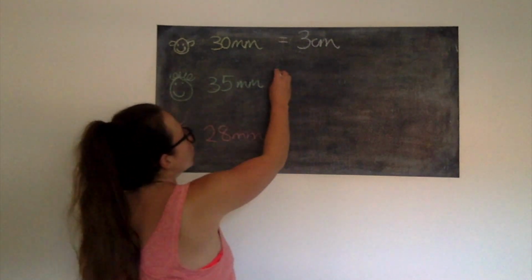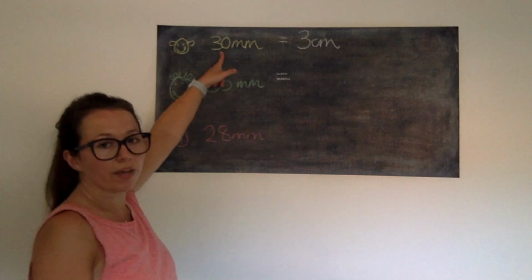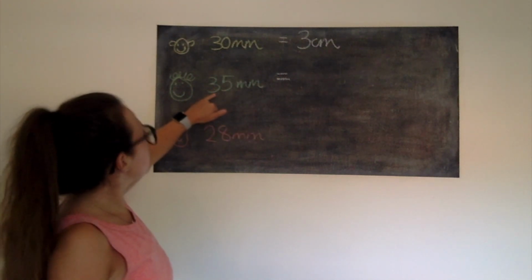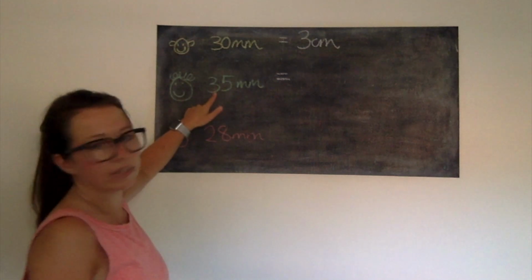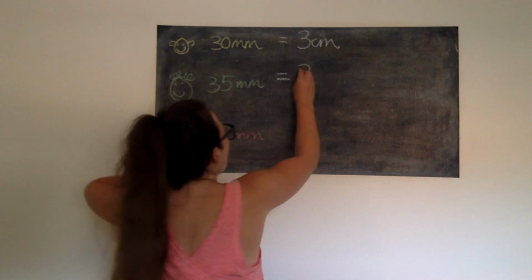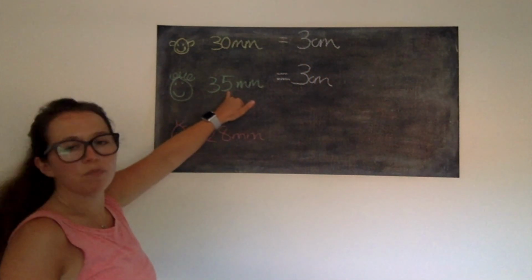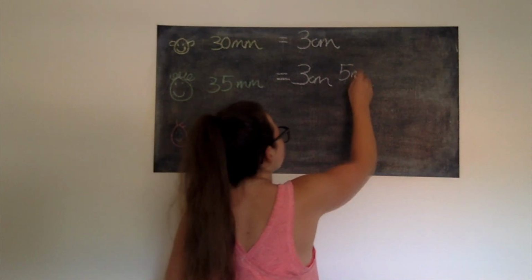Now this one's a bit more tricky to turn into centimetres because it's not a multiple of 10. Okay, I can't just divide it by 10. So let's see, I've got 30mm, so that's the same as this one. So that must be 3 whole centimetres. And then left, I've got 5mm. So it's 3 centimetres and 5mm.